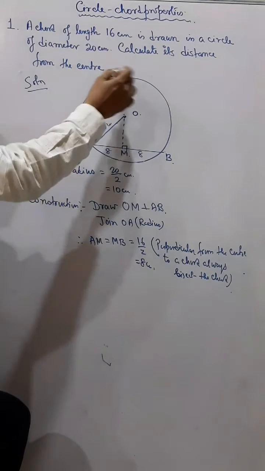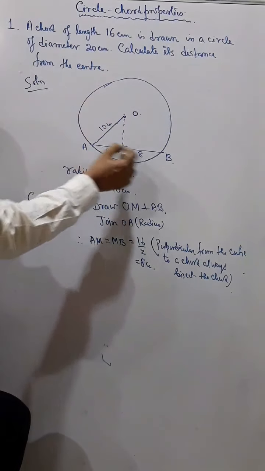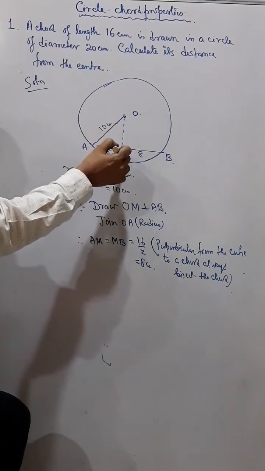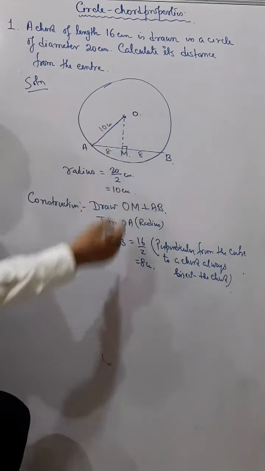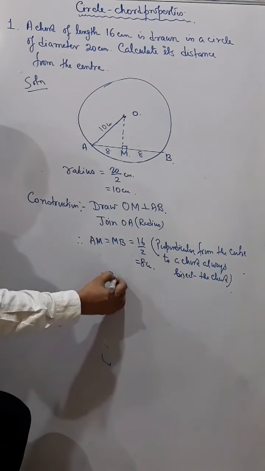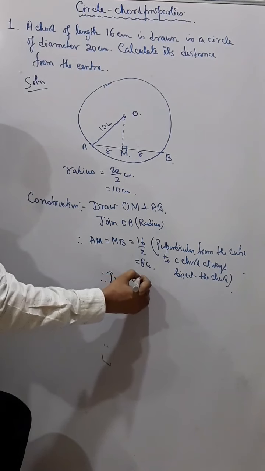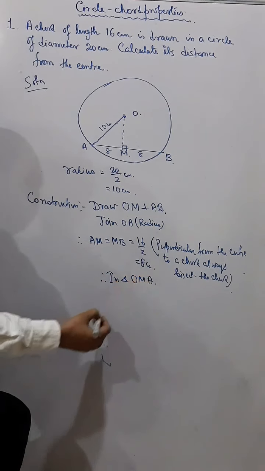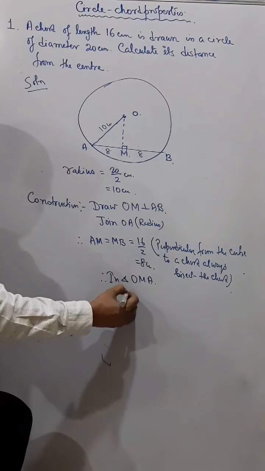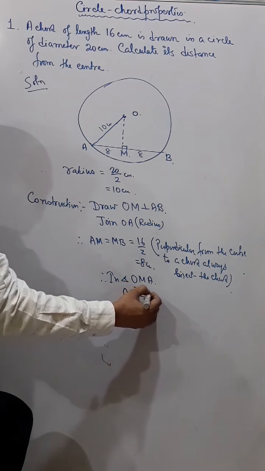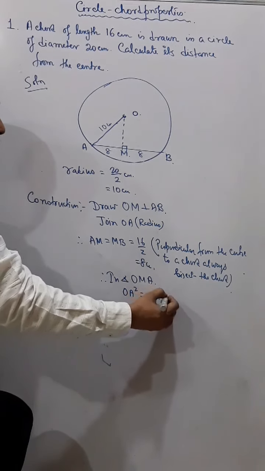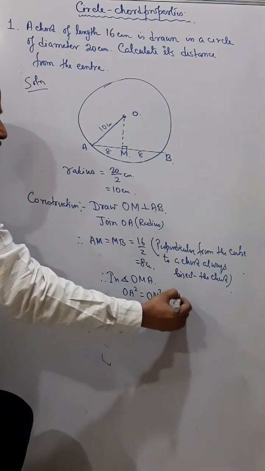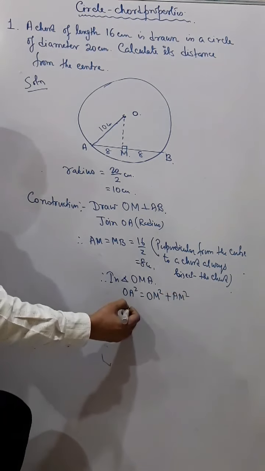And now we have to calculate the distance from the center. So distance of the chord from the center means we have to find OM. So simply now we can use Pythagoras theorem in triangle OMA. So I can say OA square is equal to OM square plus AM square, and then we'll put the values here.